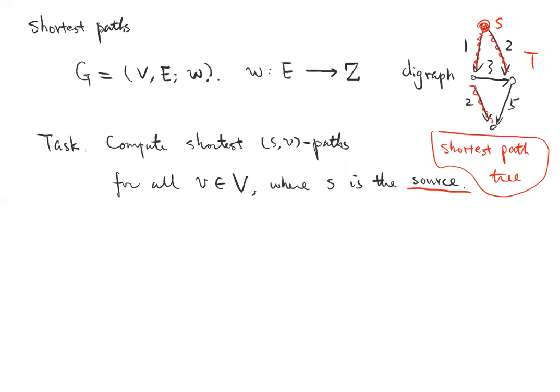Okay. So typically for a path, given a path P, we use L(P) to denote the length of P, or sometimes we can also write W(P), for example.